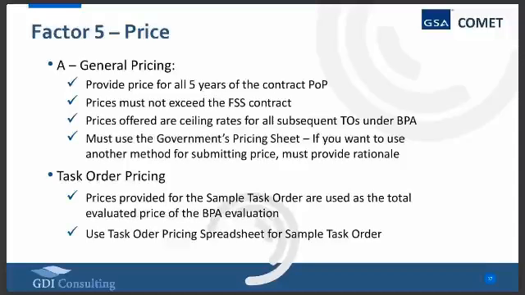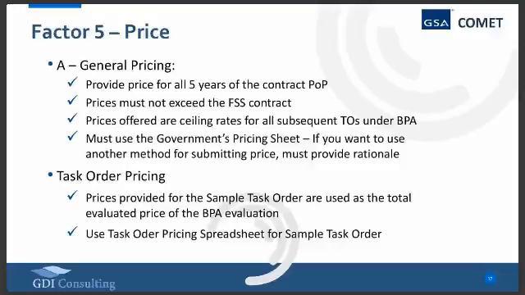And there are going to be the ceiling rates for the TOs that are going to come under this BPA. And the government is providing a pricing sheet, and you're supposed to fill that out for all the 5 years. If for any reason you want to use another method, you need to provide rationale why you're using some other price sheet or something else. So that's the general pricing.